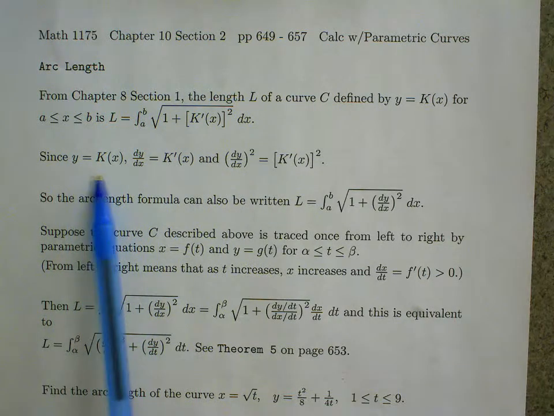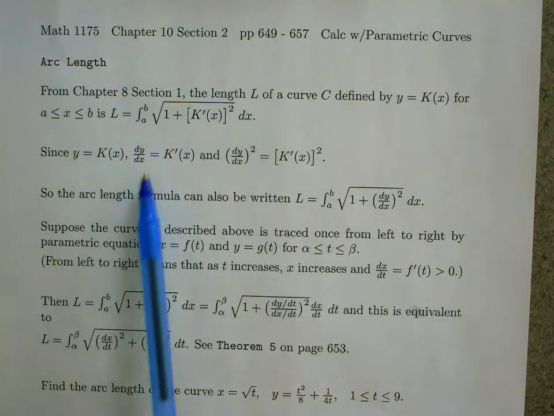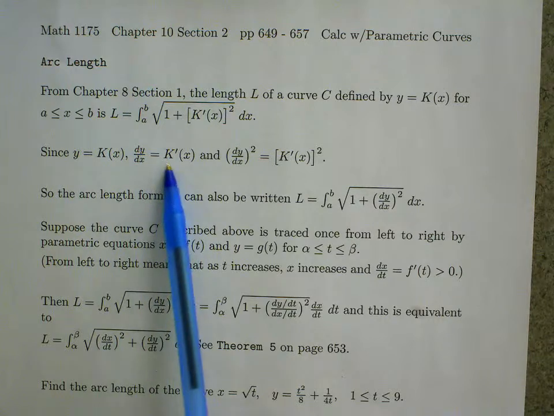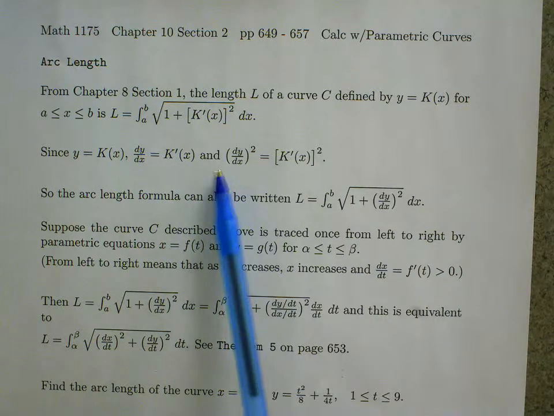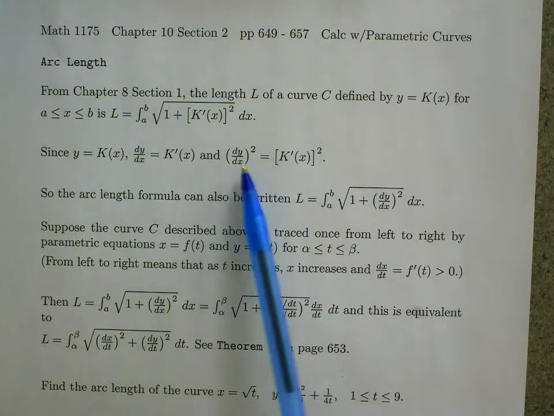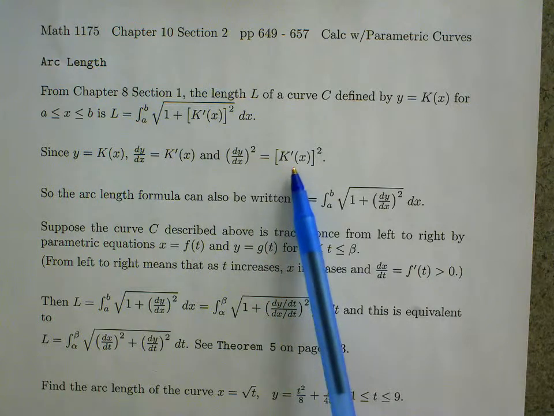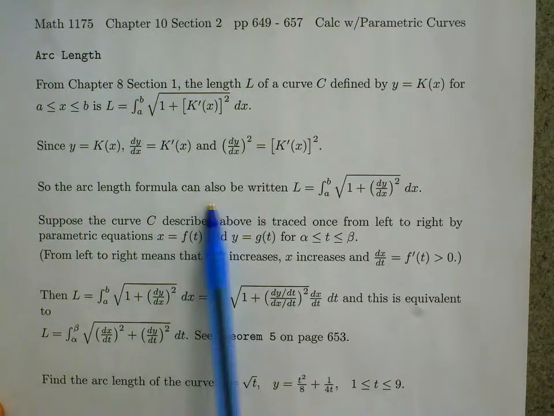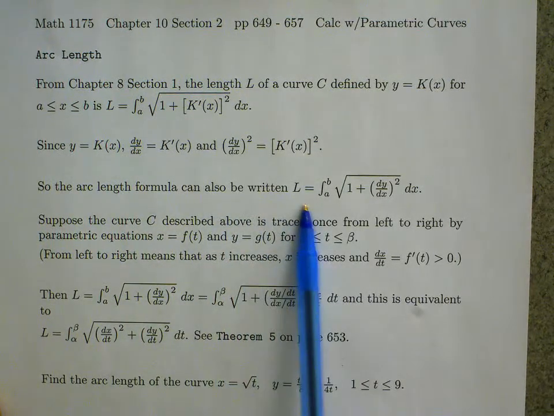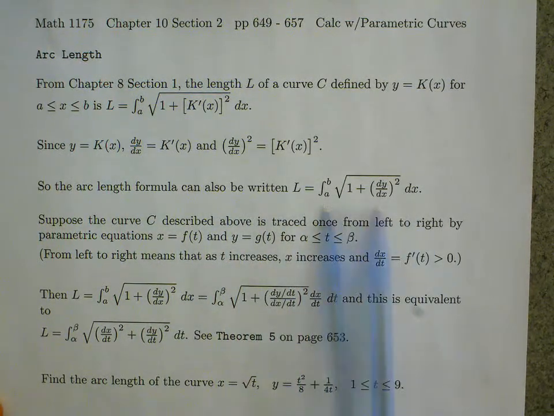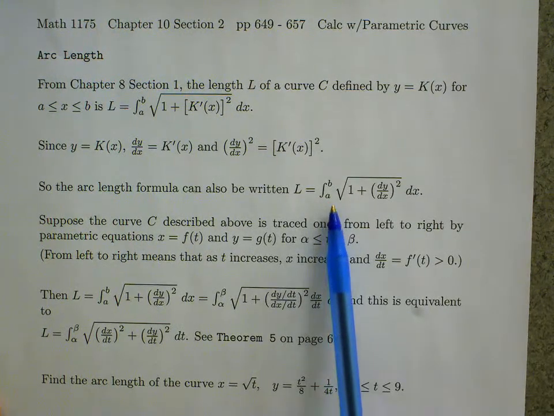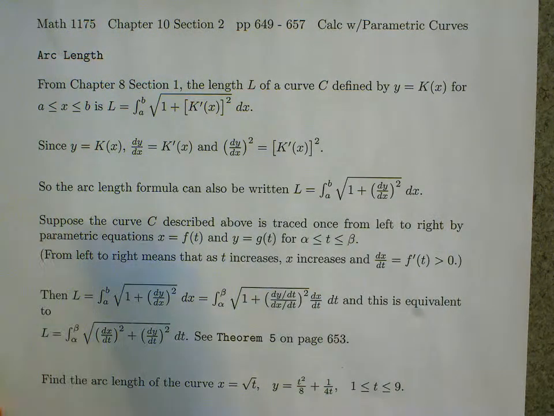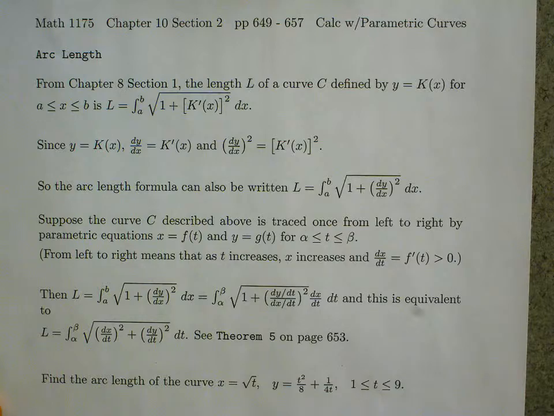Since y equals k of x, dy dx equals k prime of x, and the square of the derivative is k prime of x squared. We already knew that. So the arc length formula can also be written in Leibniz notation. So we saw all of this when we covered section 8.1.